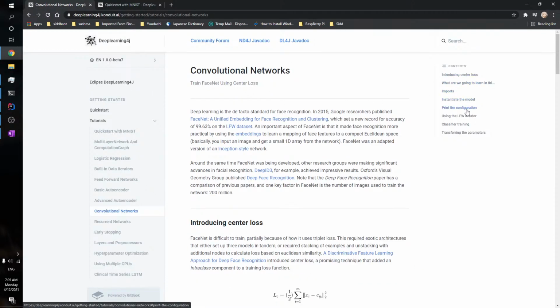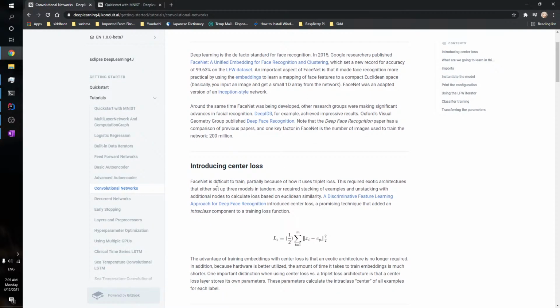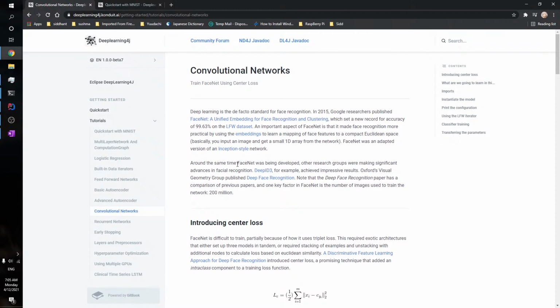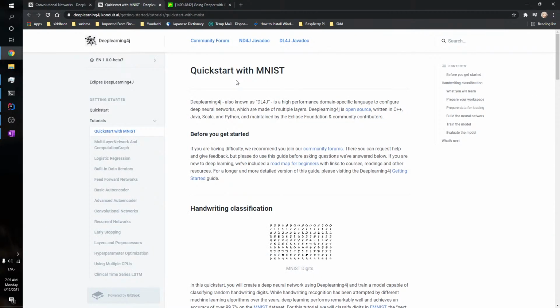So we're gonna do it and translate the program. Alright, let's take a look. FaceNet is difficult. What is FaceNet? Okay, so basically ImageNet, that is used to take a look at your face, alright?